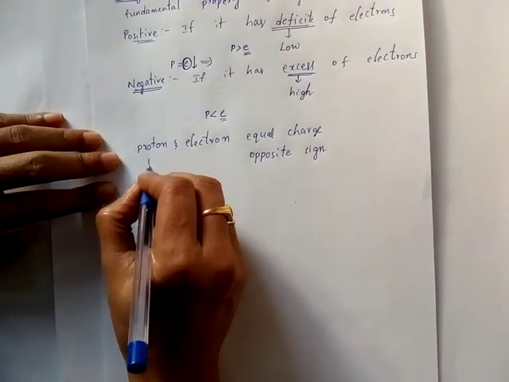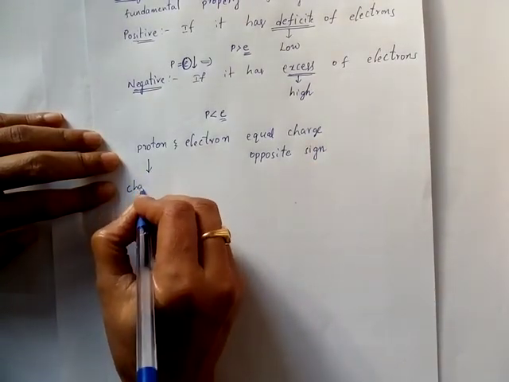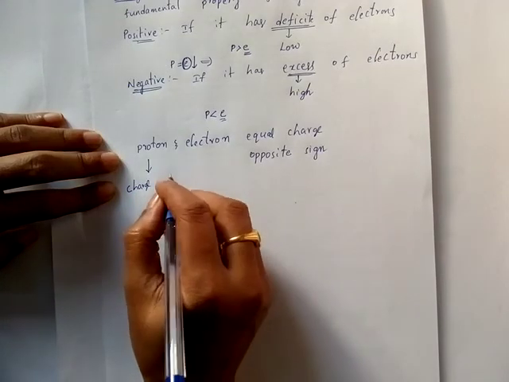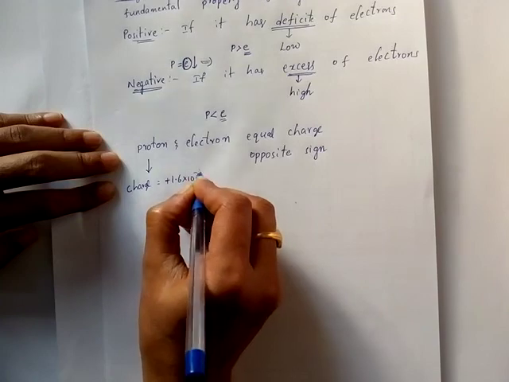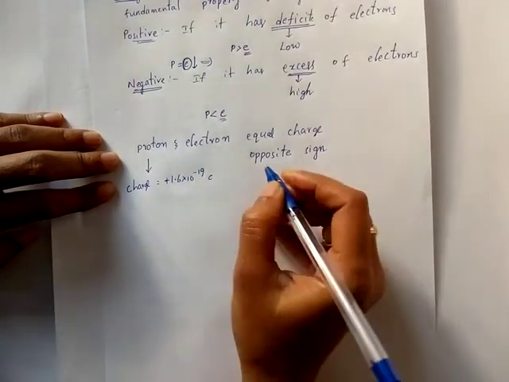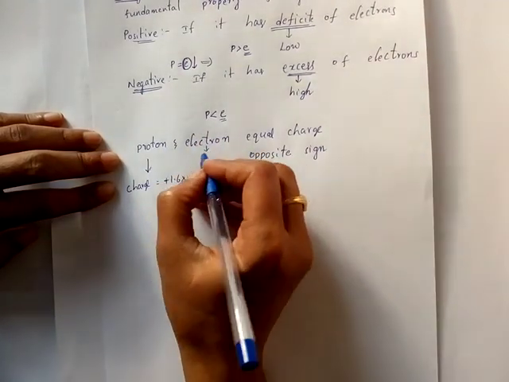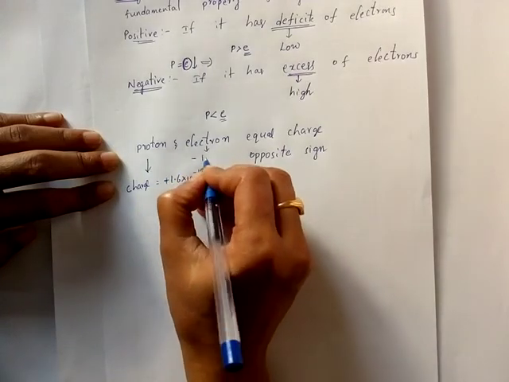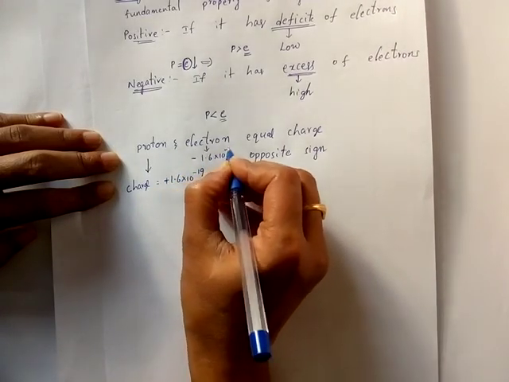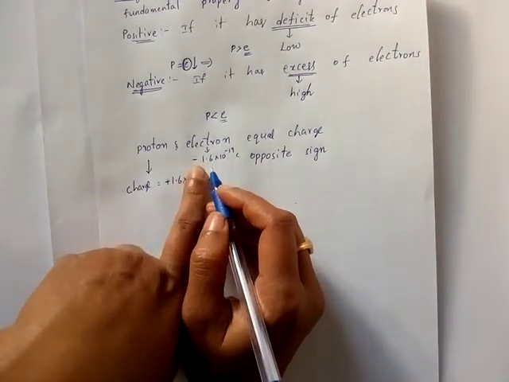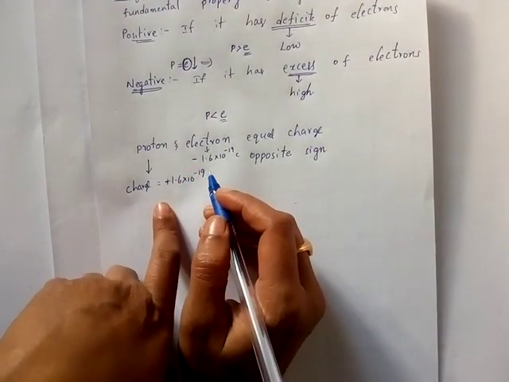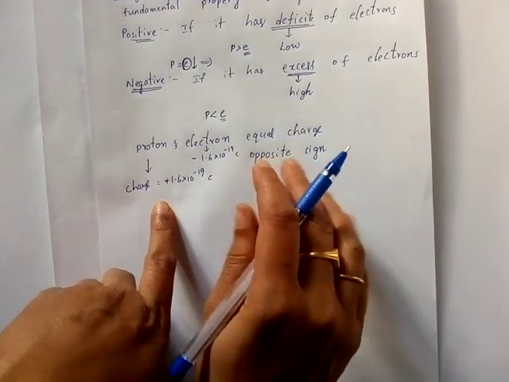What is the charge on a proton? It is equal to plus 1.6 into 10 to the power of minus 19 coulomb. On an electron, minus 1.6 into 10 to the power of minus 19 coulomb. So here minus indicates negative charge, here plus indicates positive charge.